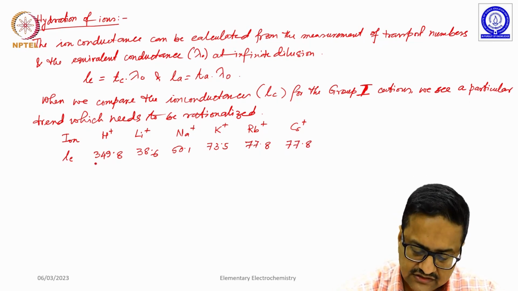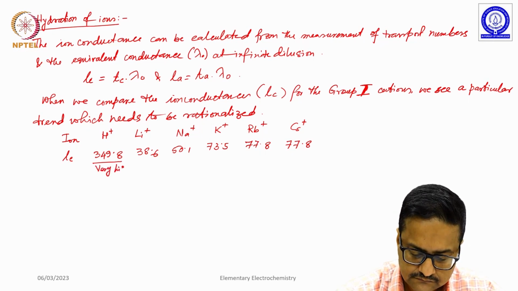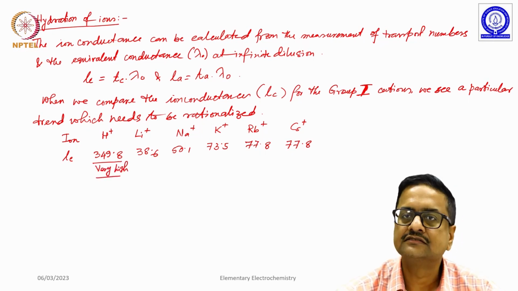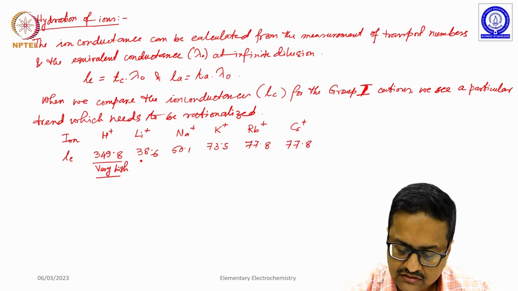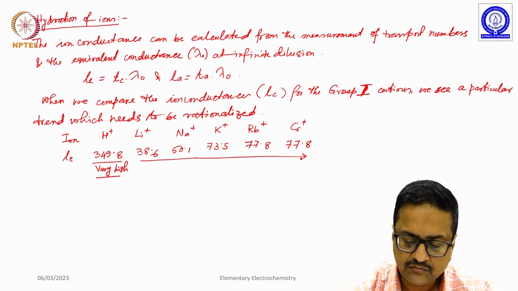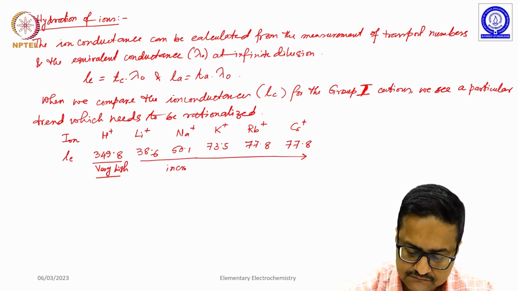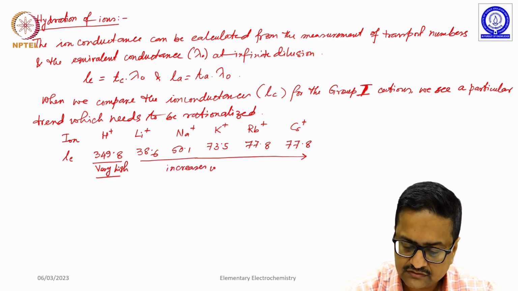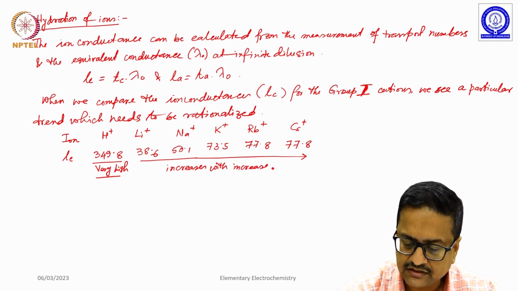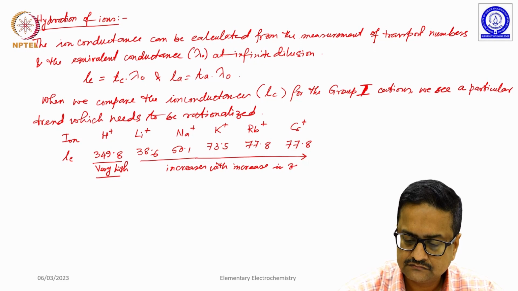So, what we see is that this value is very high compared to all others, but then when we are going down from lithium to cesium, it increases with increase in size.